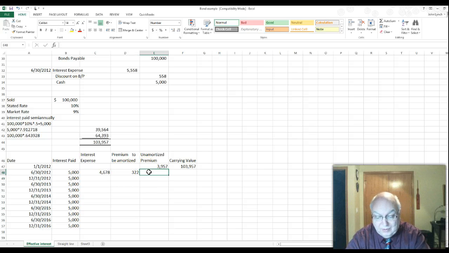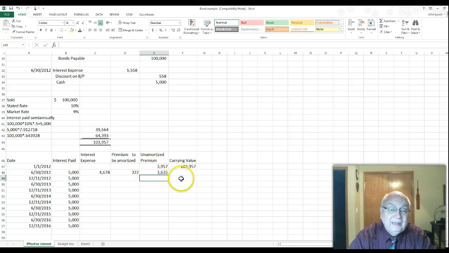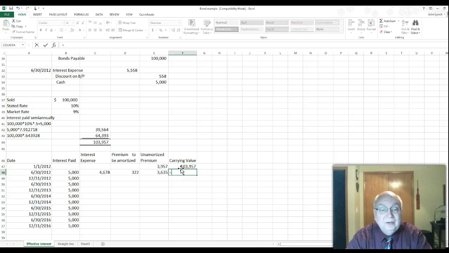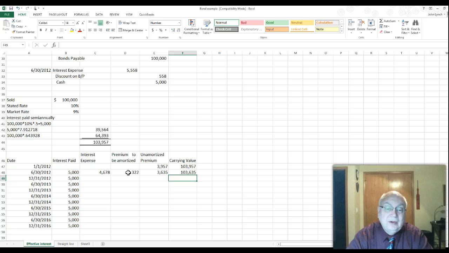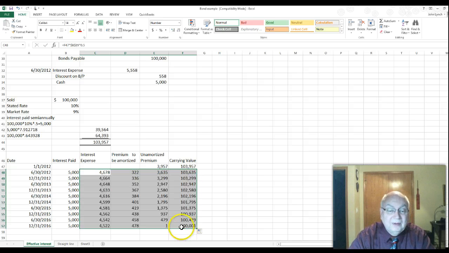And again, we want this subtracted, so it's 39.57, because this needs to be 0 when we get done. Now, premiums are a little different, because remember, discounts we added, but premiums we're going to subtract. The way you can remember that is that we always want to get to the face value when everything's said and done. If you're above face value to start with, you subtract it. Otherwise, you add it.